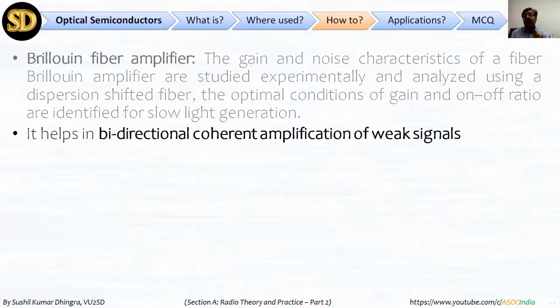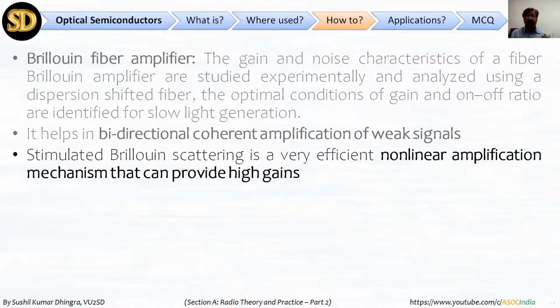This term coherent is coming to you. Remember, this one is also very important. I am going to explain in a further slide. What is a coherent amplifier? This one is very good for non-linear amplification that can provide high gain. Others are for linear.